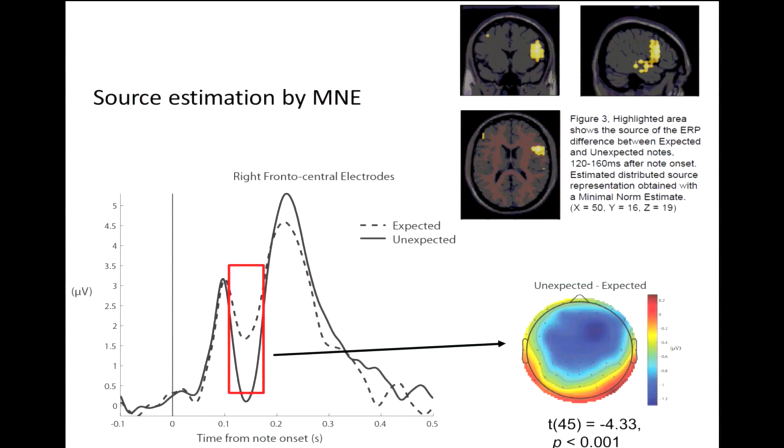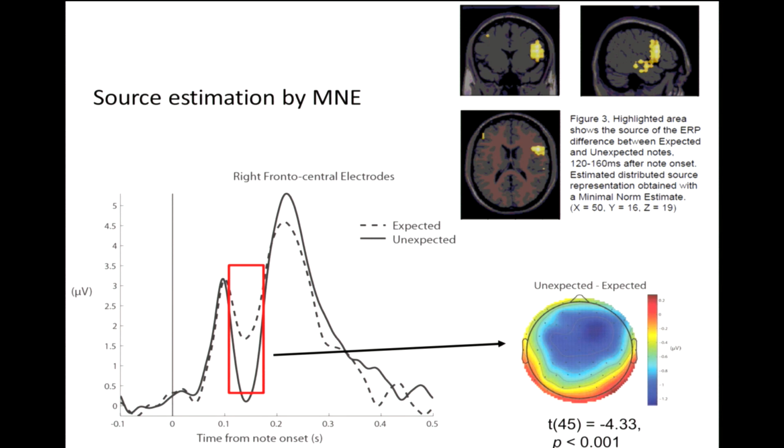So just to give an idea, this is the minimum norm estimate, because we did it very simply. Again, the experiment's details are not important here. These are two different conditions, condition A and condition B. One case is expected, and in the other case the sequence is unexpected, and you see there is a strong ERP difference.